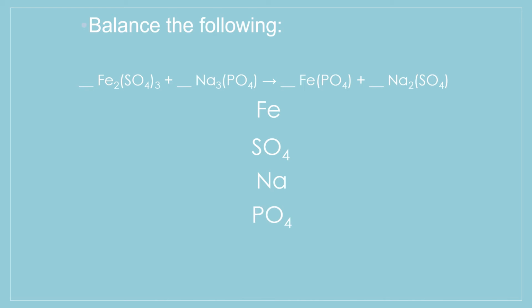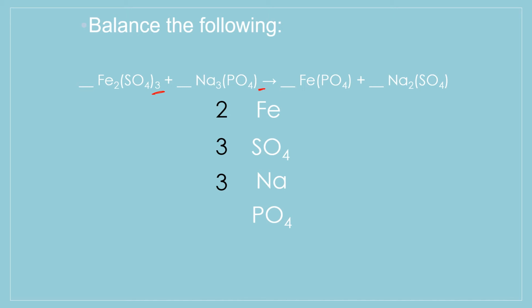Now, counting the elements. So we have Fe, I see a subscript of 2. SO4 has a subscript of 3. And I'm looking at this right here, the 3. So I put a 3. Na has 3. PO4 has no subscript. Again, I don't count that 4, y'all.